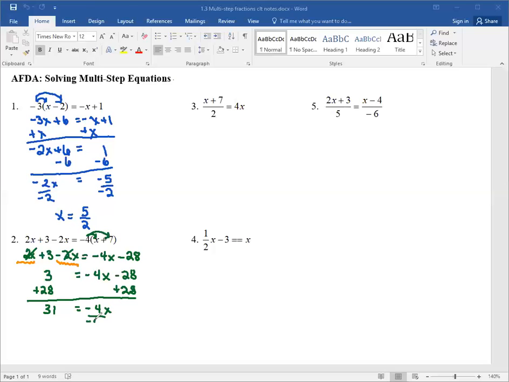So last, divide by -4. So x is -31/4. And we can just leave it like that. There's nothing wrong with a fraction. Now, if you're on an assessment and it has a decimal, then you could just divide that out in a calculator. Okay, so let's look at number 3.